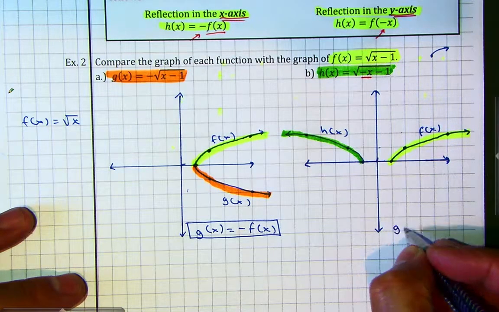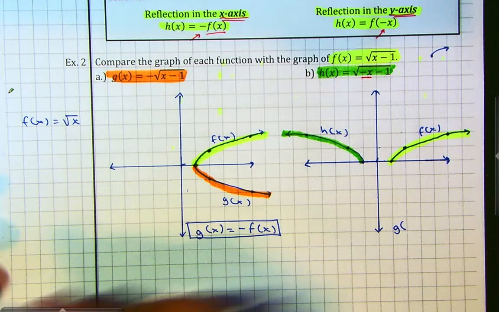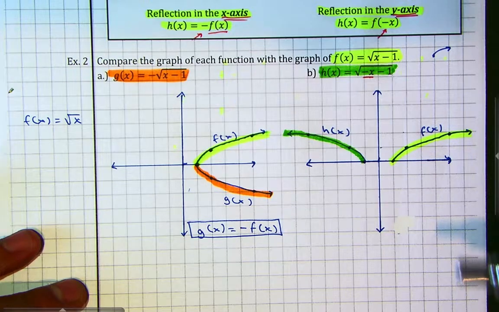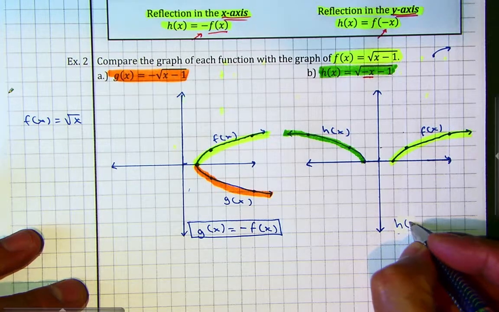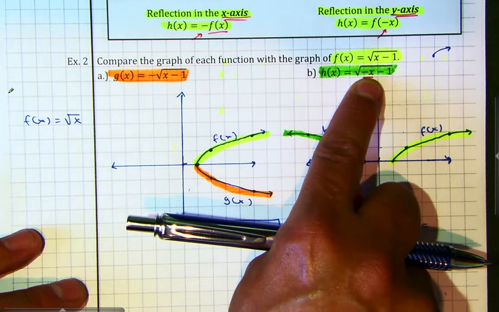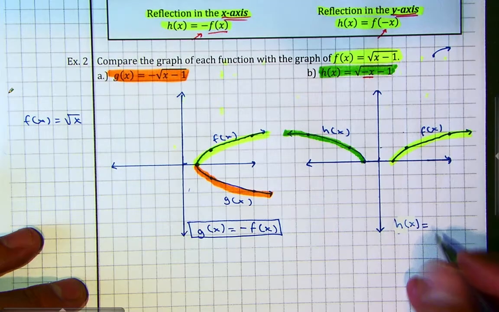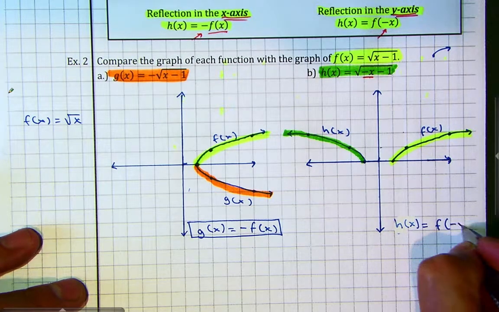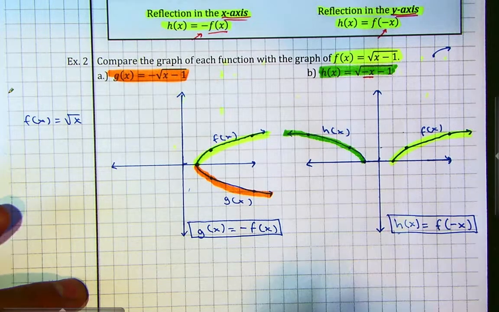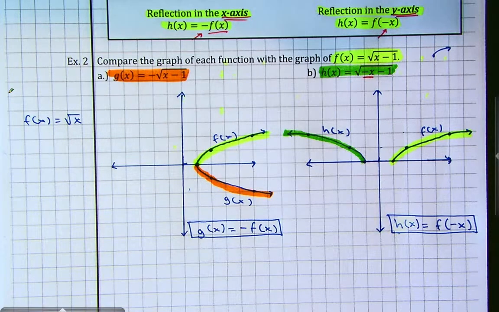So g of x, h of x. H of x equals, and we'll basically just replace that x with a negative x, so it'll be f of negative x. So that's another way to write down h of x.